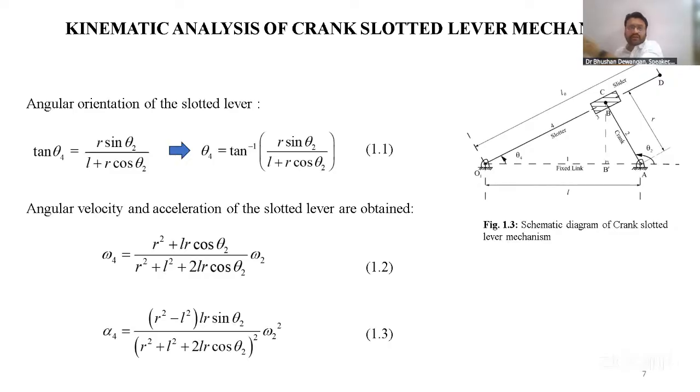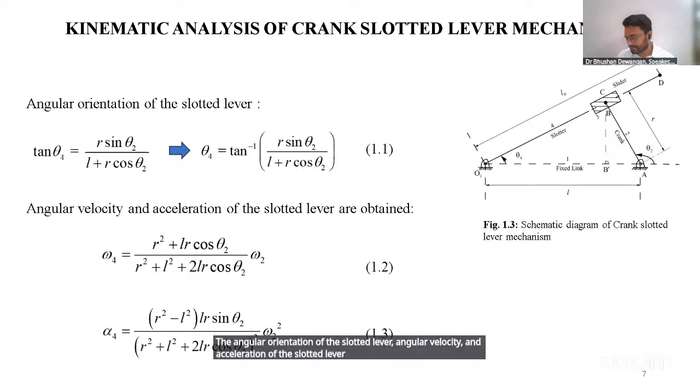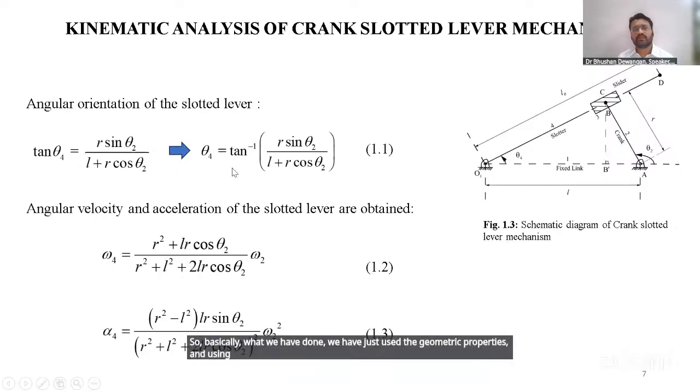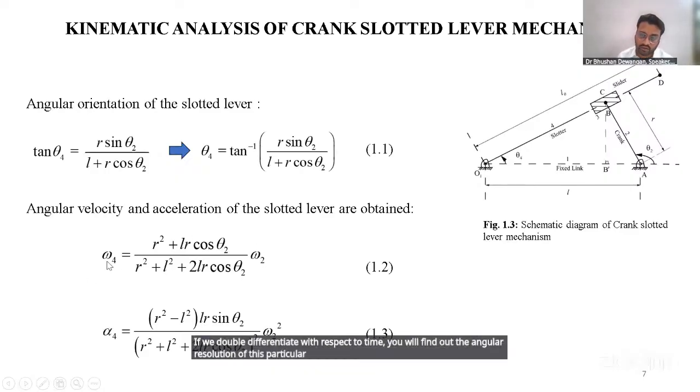The angular orientation of the slotted lever, angular velocity and acceleration of the slotted lever are obtained like this. Basically, we used the geometric properties, and using this formula, we found it and differentiated with respect to time. We find the angular velocity, and if we double differentiate with respect to time, we find the angular acceleration of this particular slotted lever link.